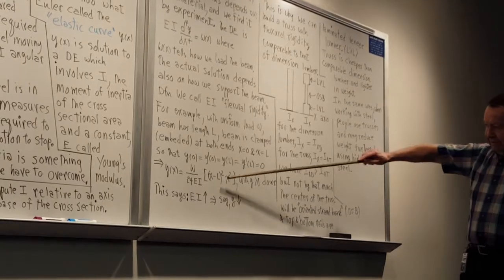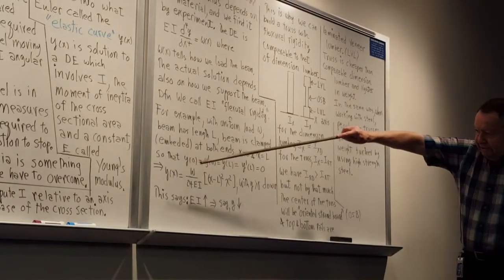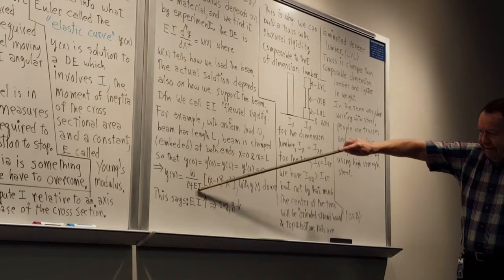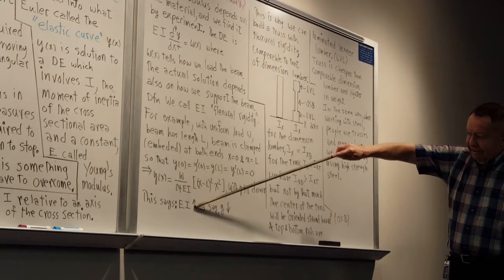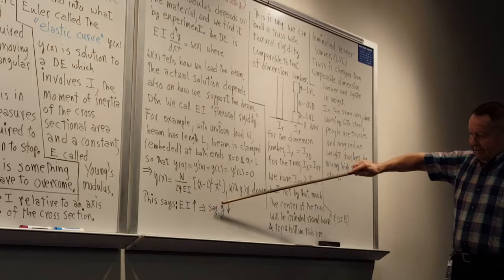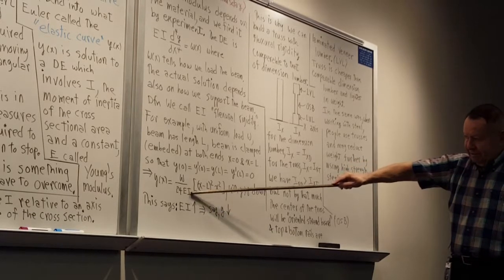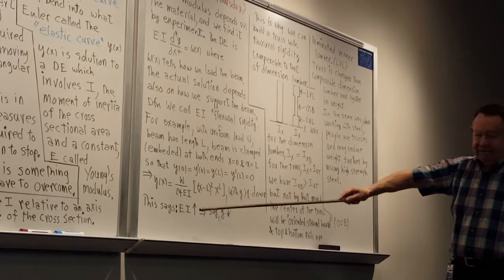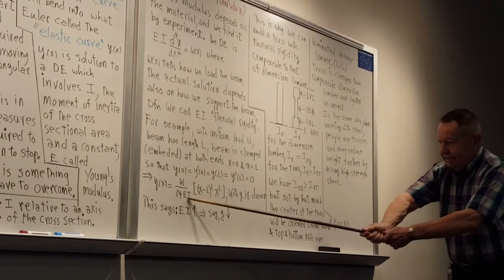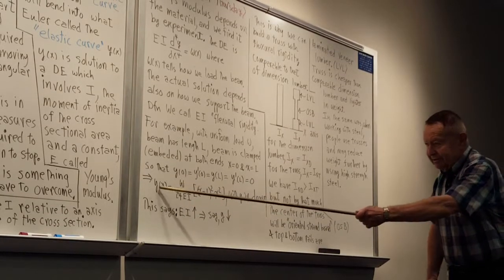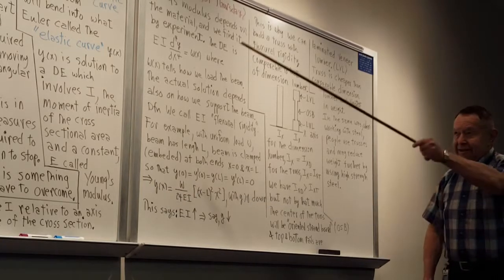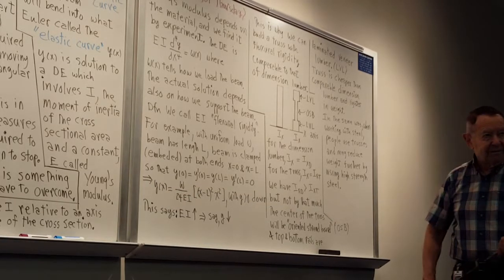So notice that the solution says that as your flexural rigidity here increases, then the sag decreases because you're dividing by it. So the bigger the denominator here, the smaller the quotient, and so it means the smaller the amount of sag.